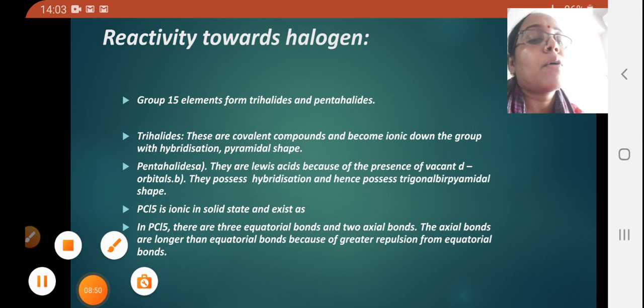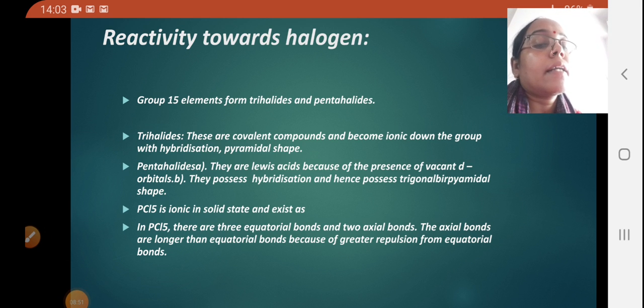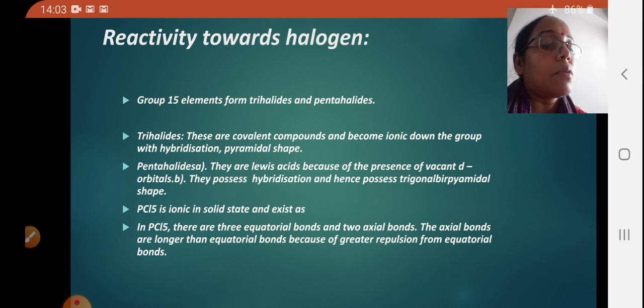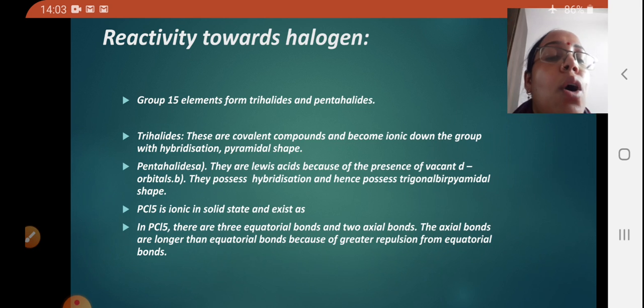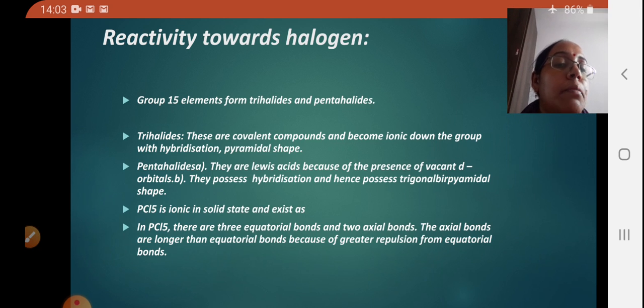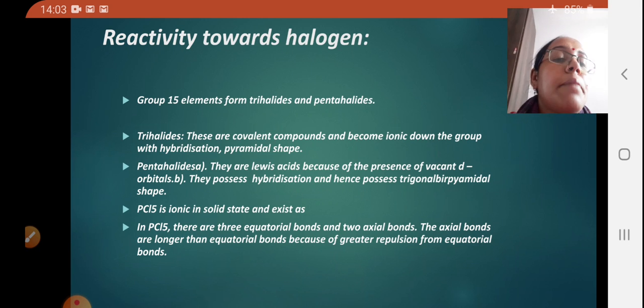The axial bonds are longer than the equatorial bonds. And why are the axial bonds longer than the equatorial bonds? Because of greater repulsion from the equatorial bonds.